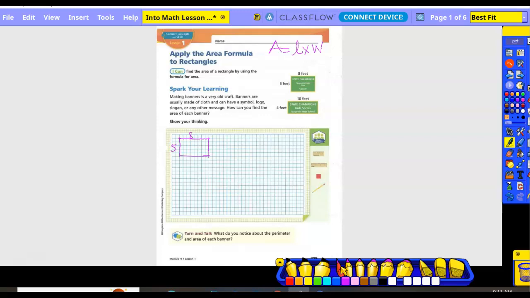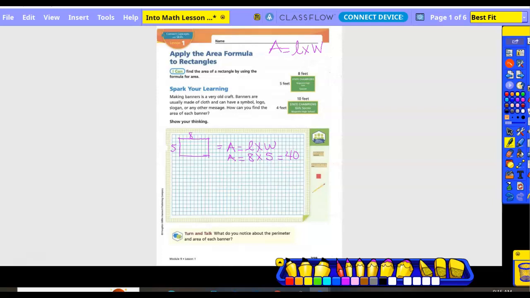So this would also equal area equals length times width. Area equals, what's my length? 8, right? And what's my width? 5, correct? Okay, so what is 8 times 5? 40.